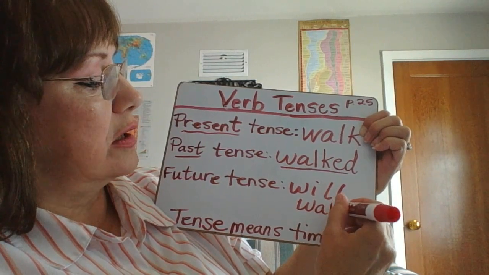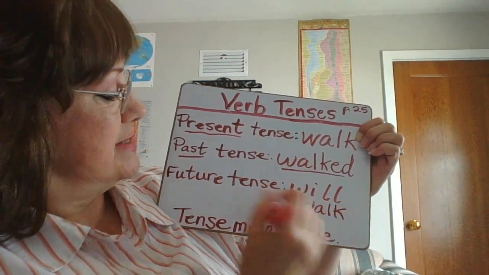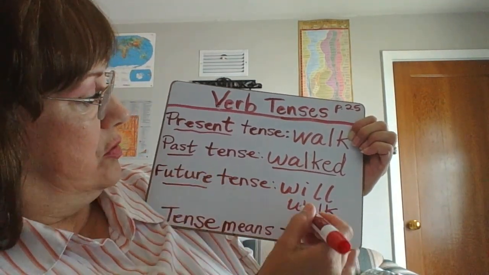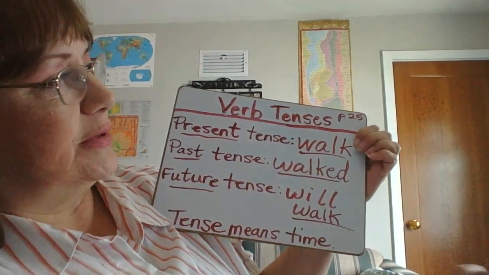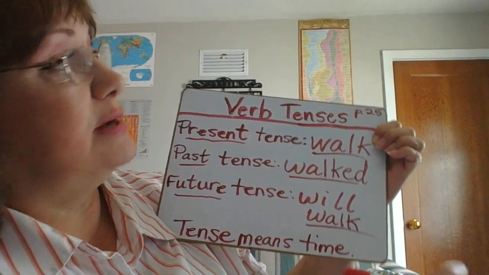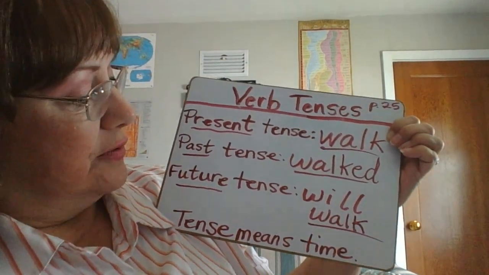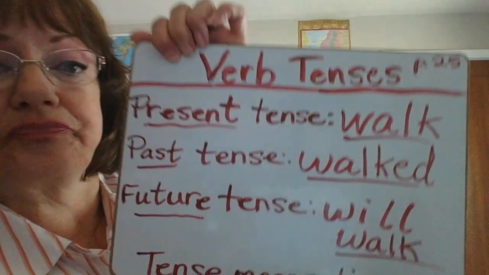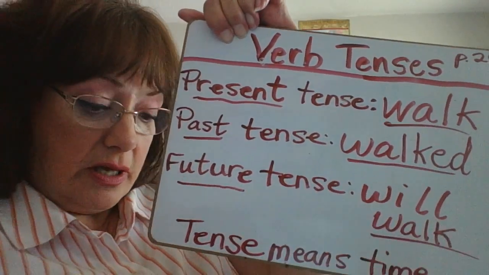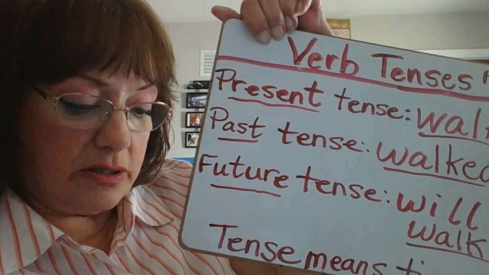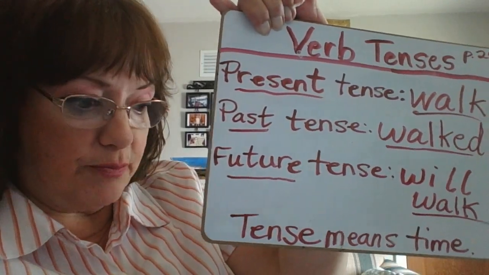Will walk. The girls will walk to school. That's going to happen in the future. Maybe tomorrow, maybe next week. All right, so that is an example from our reference book. Go ahead and take the time to look over your reference book more on your own.